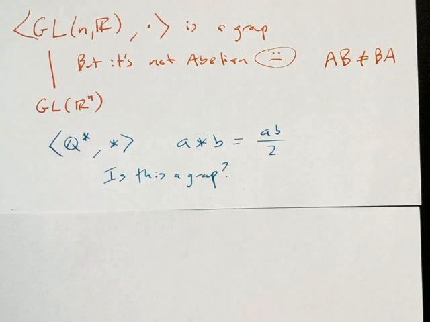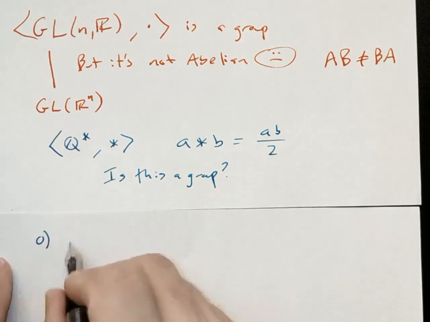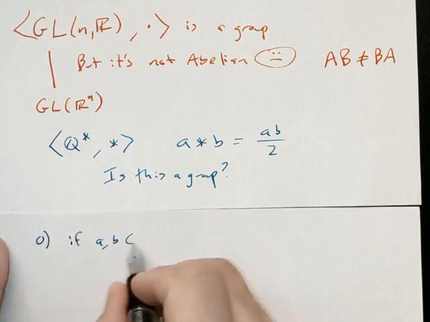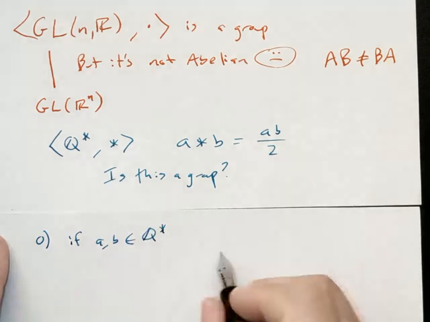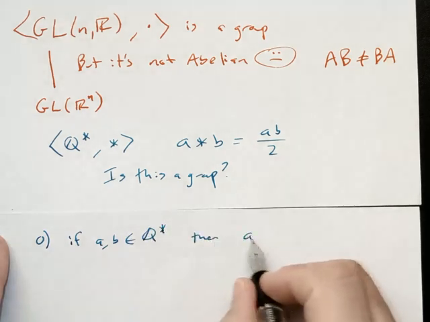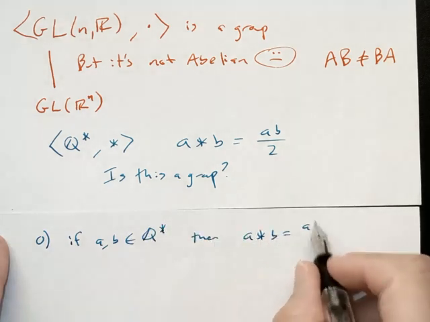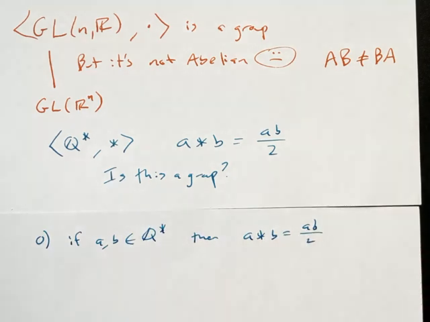If you star two non-zero rational numbers, is the result non-zero and rational? How do I know that that last thing, AB over 2, is rational?